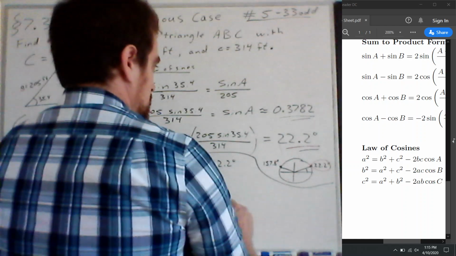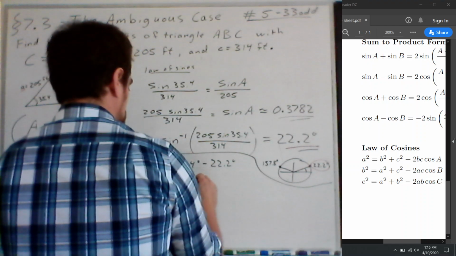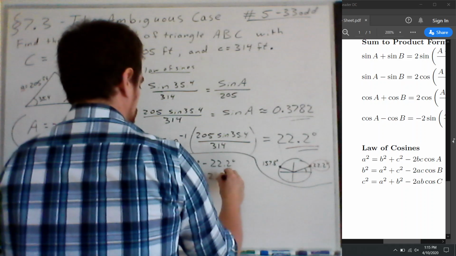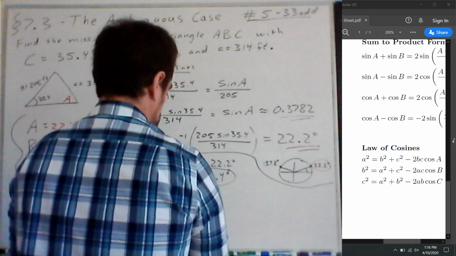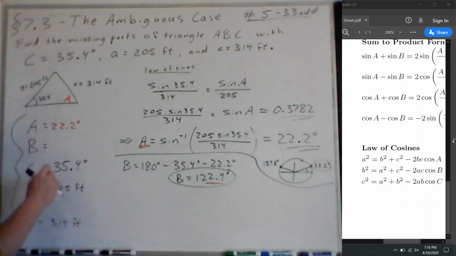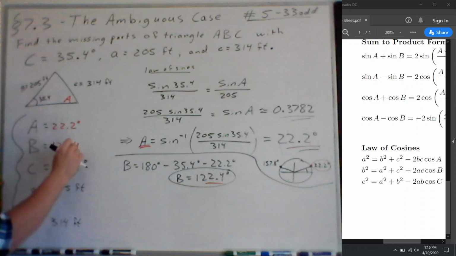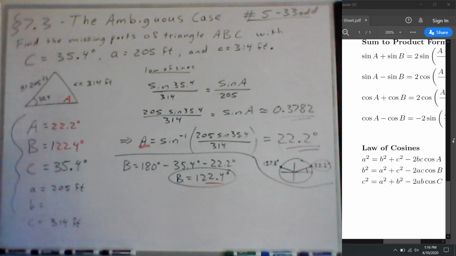Which gives us B has to be this big angle, 122.4 degrees. If we add all these up, we should get 180. Yeah, so it looks like we're good. That gives us 180 degrees for our triangle.